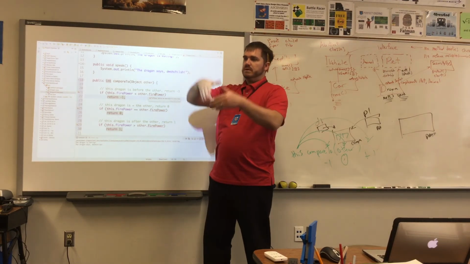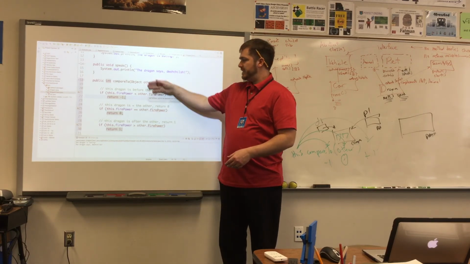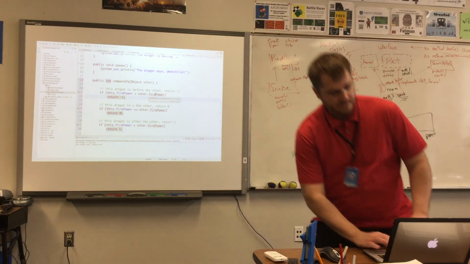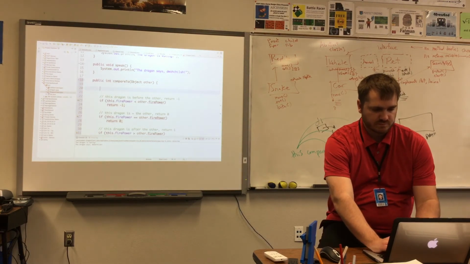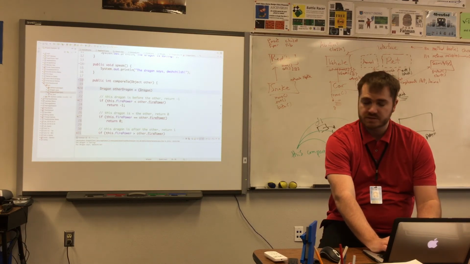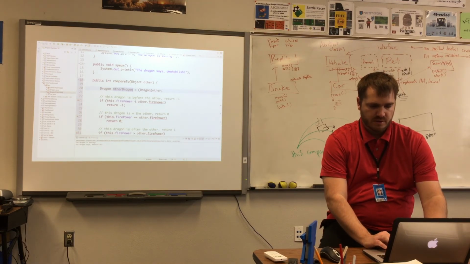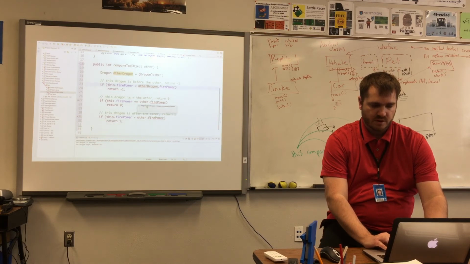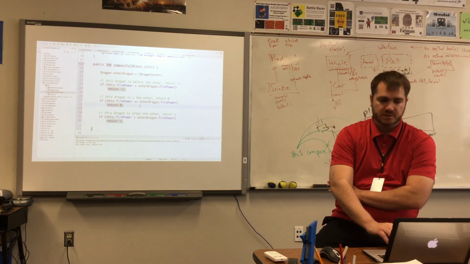So what I'm going to do is take other and cast it as a Dragon, so that then I have access to all of those items. So I can say Dragon otherDragon equals, cast as a Dragon, other. And then I'll replace other with otherDragon. And everything's nice and works out.